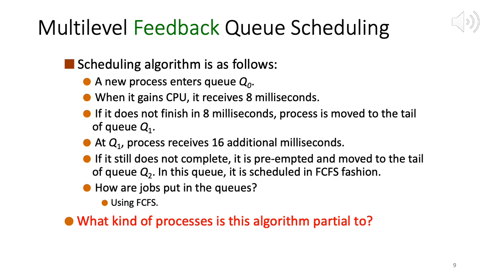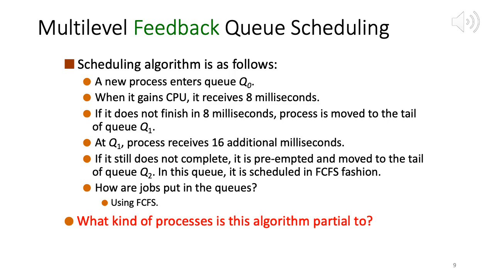If it still does not complete, that means its execution cost was more than 24 milliseconds, again it is preempted and moved to the tail of Q2. Once it receives 16 milliseconds in Q1, we are doing preemption, right? We are interrupting its execution and moving it to the last queue, and then the next one in the chain for Q1 is executed.